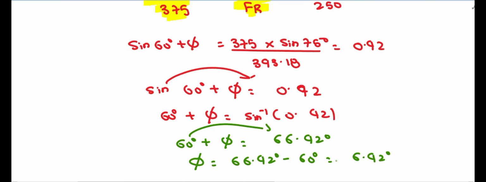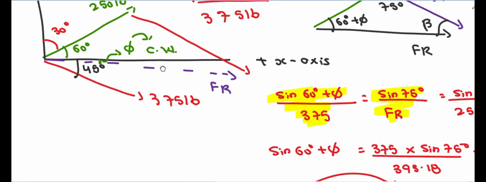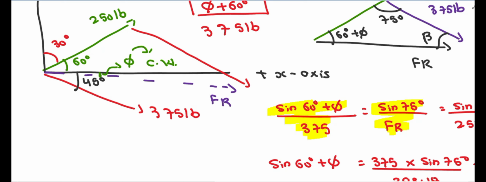So 6.92 degrees is the angle of the resultant measured from the positive x-axis. But remember, this is a clockwise angle. The question is why this is the clockwise angle. There are two answers. The first is that the question asks for the counterclockwise or anti-clockwise angle, so the angle phi of the resultant is always a clockwise angle.